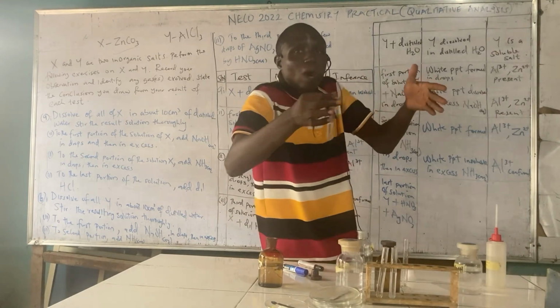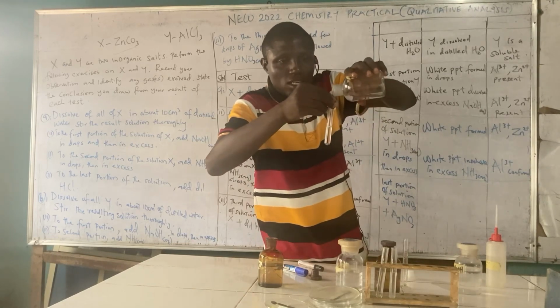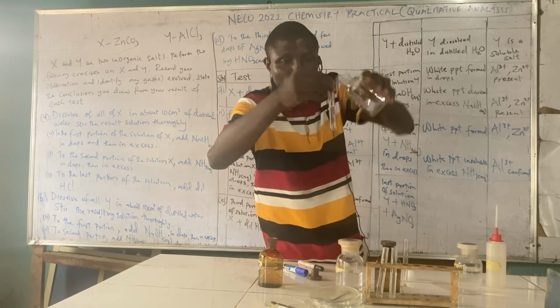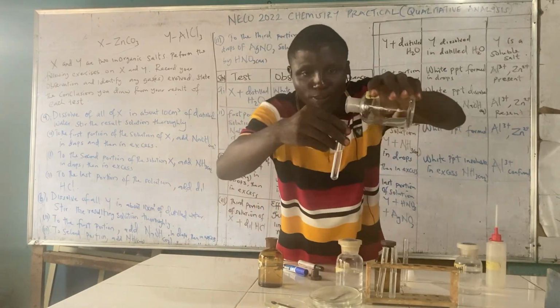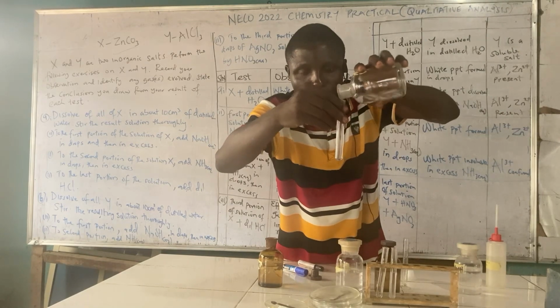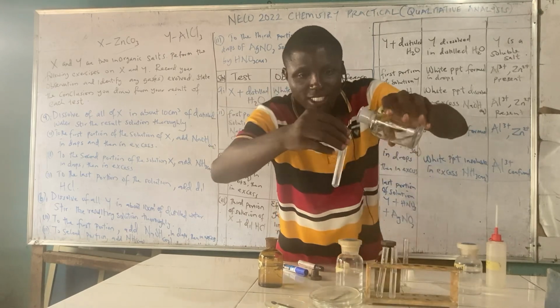So you can call it white gelatinous. So add HNO3 to it. You can see a light white precipitate forming. This light white precipitate is as a result of chlorine presence.